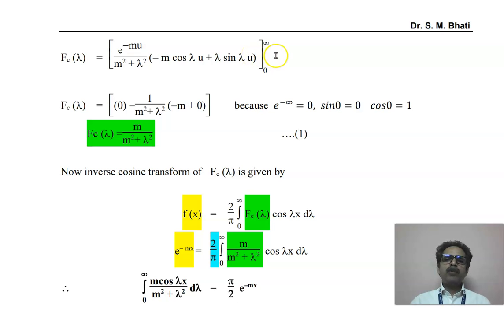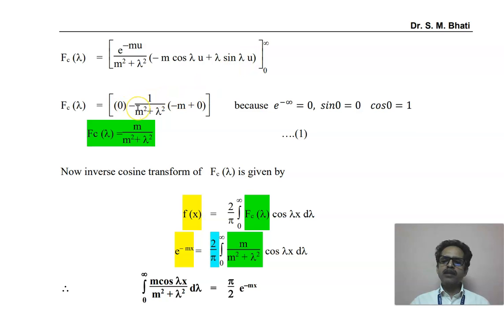Then we first put u equal to infinity. In the numerator we find e raised to minus a positive number into infinity, that is e raised to minus infinity, and we know that e raised to minus infinity is 0. So when we put u as infinity, this expression becomes 0.